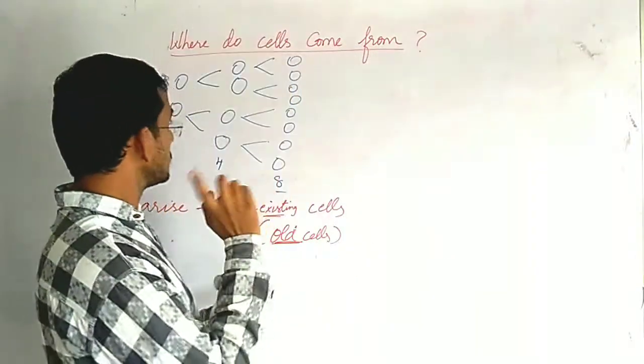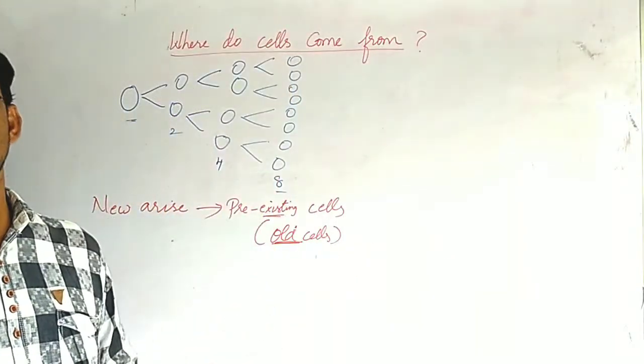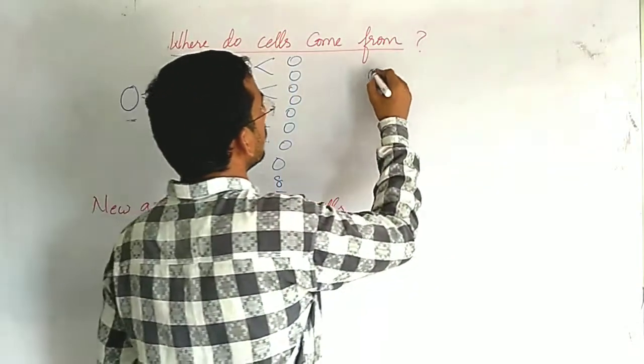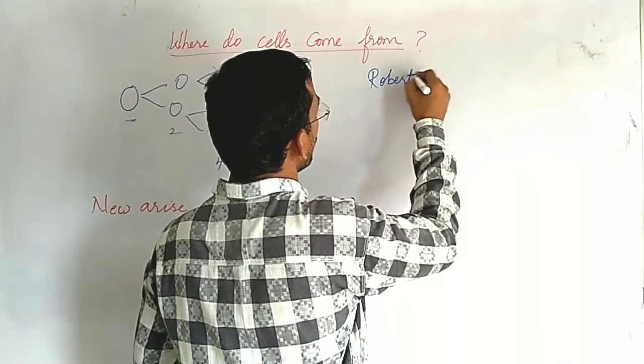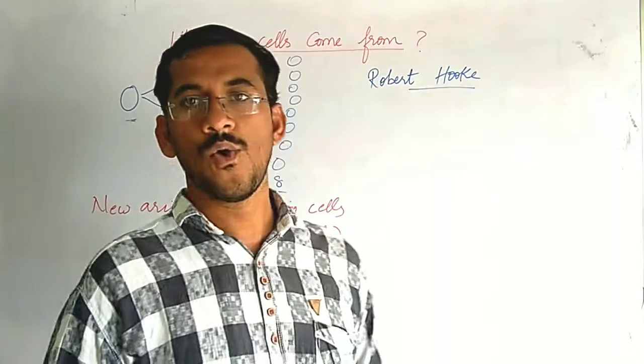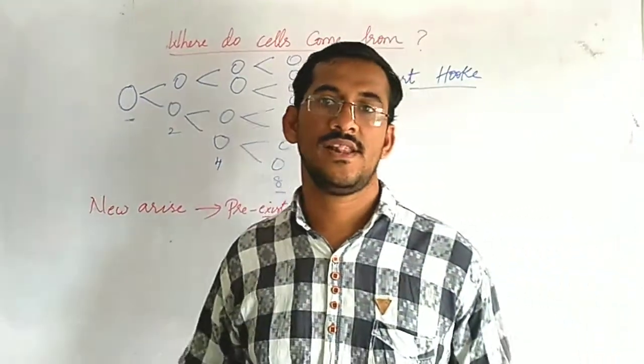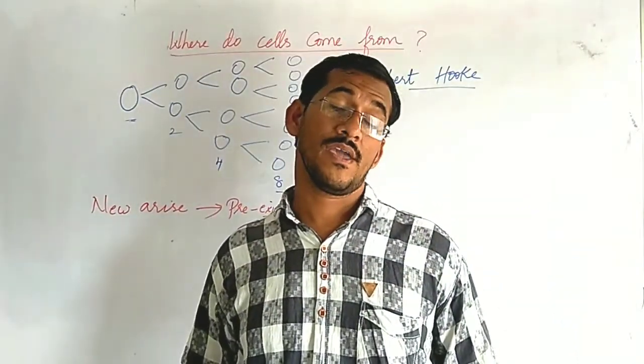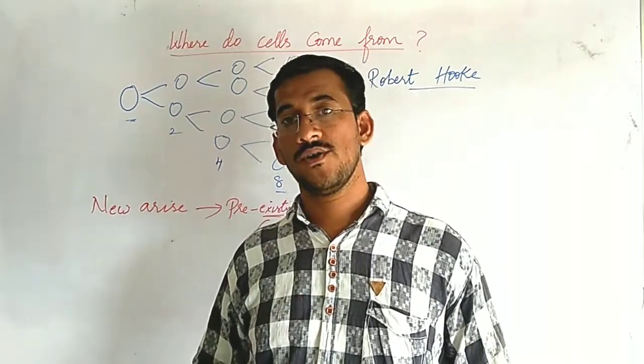The cell was first discovered by Robert Hooke in the bark of an oak tree. Then the living cell was discovered by Antony van Leeuwenhoek.